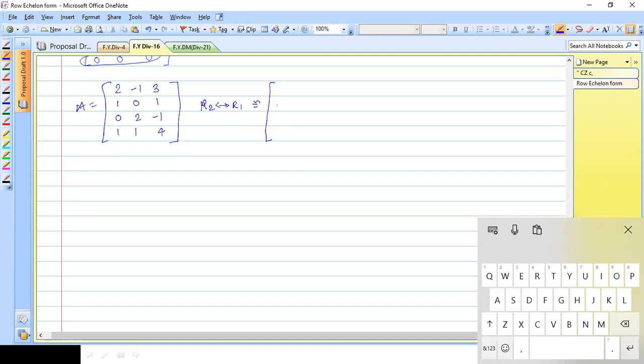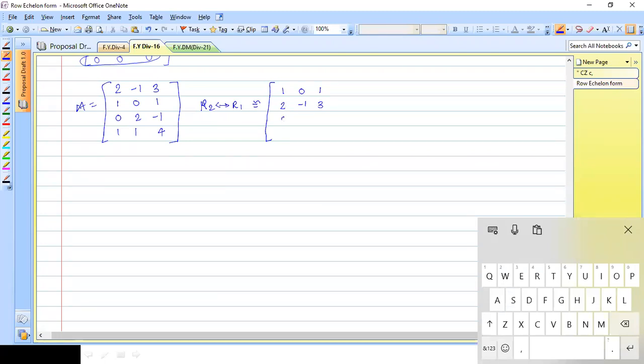please don't write down in your notebook like that. If you have a theory paper, don't write down like that only. Write down just below. Right now I need all the calculation on my page, so that's why I'm writing here: 1 1 0... it's 2 minus 1 3. Also, I can apply here.